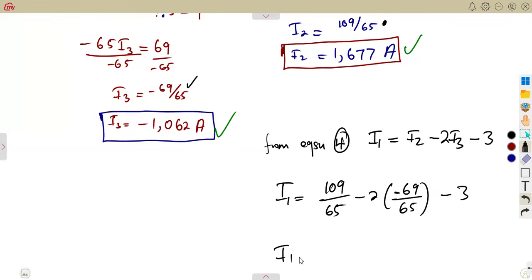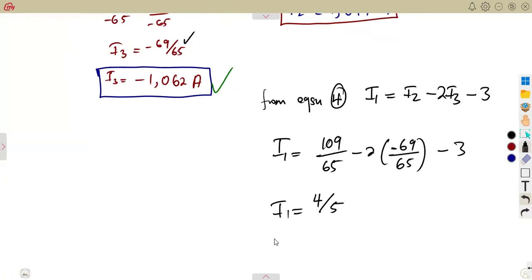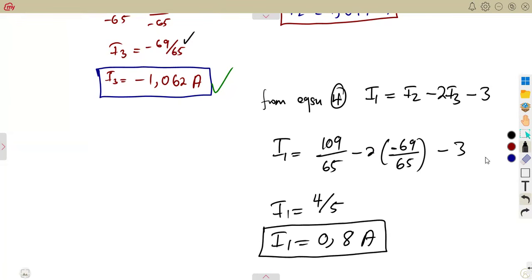So by having this, we are going to obtain the exact value of our current 1 from this substitution, which was going to be 4 over 5 as a fraction, as a decimal, that is going to give us 0.8 amps. All right, so we're going to obtain the exact values just like the previous case that we had.